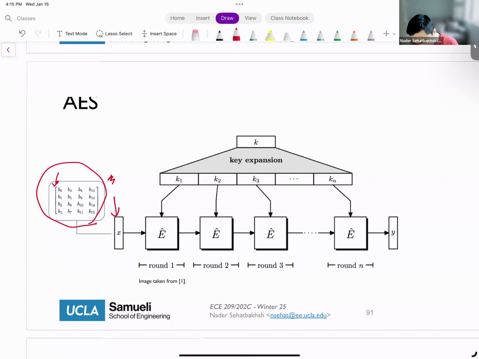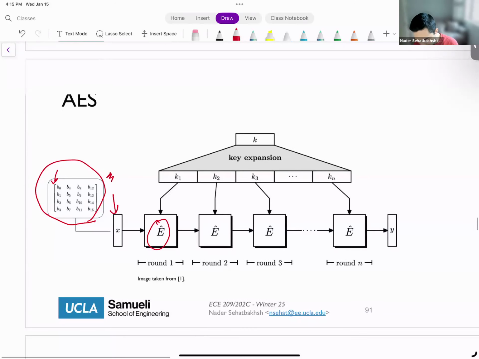Then what happens in AES is that there is this AES function, this E function, and we repeat this E function multiple times. We typically do it either 10, 12, or 14 times, depending on the level of security that we want to achieve.